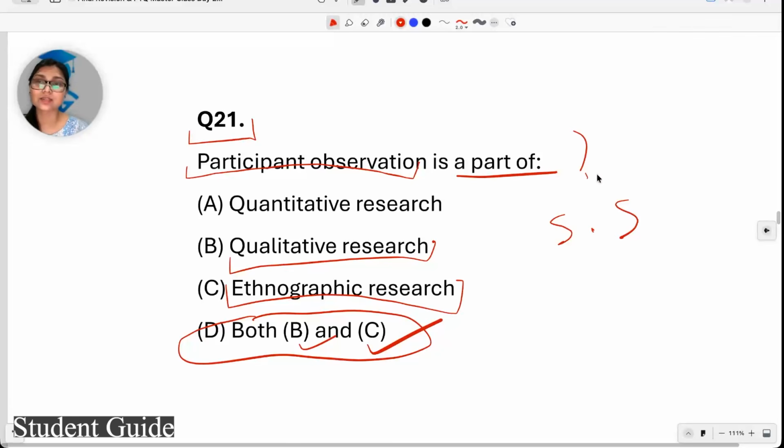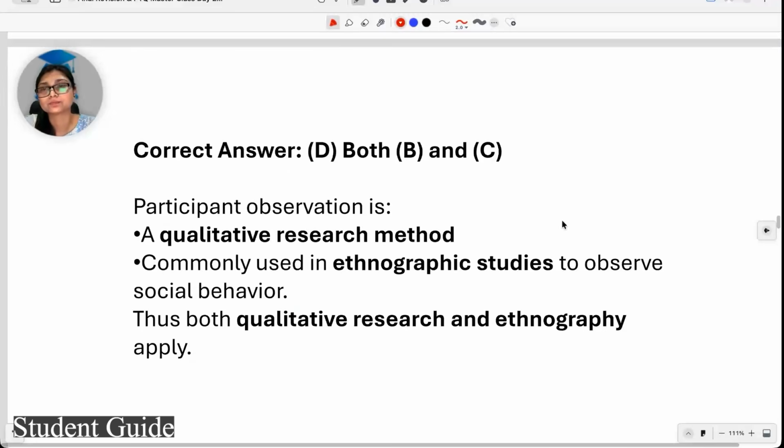How it is the correct answer, we will understand it from the explanation slide. But for now, you need to understand that participant observation is observing your participants to get the research data. Okay, yeah. So correct answer is ethnographic research and qualitative research. You need to remember that.